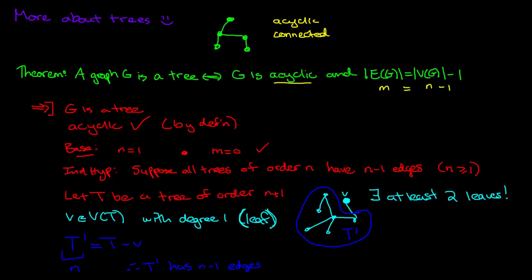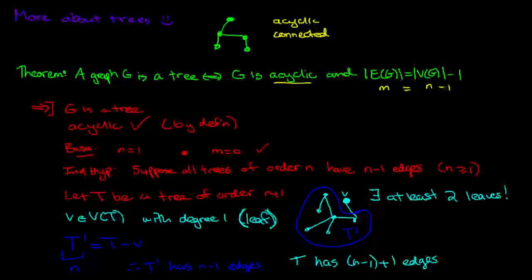Well, I hope you can see what we're going to do now. Maybe you want to pause the video and think about it. All we have to say is, therefore, T has n minus 1 plus 1 edges. Why is that? Well, it has the same edges that T prime had, plus this single one here that was associated with the V. Well, how many edges is that?